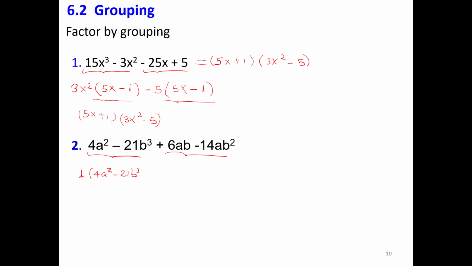For the second one we had 2. This is the greatest common factor for the numbers, and for the variables it will be ab. What is left is 3 and 7b. We know this is right because 2 times 3 is 6ab, and 2 times 7 is 14ab to the second. But what happens in this case if the terms don't match?